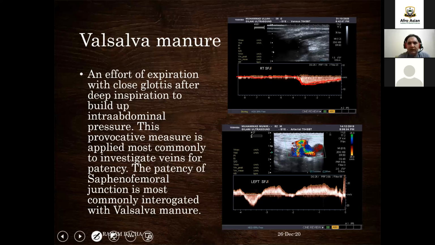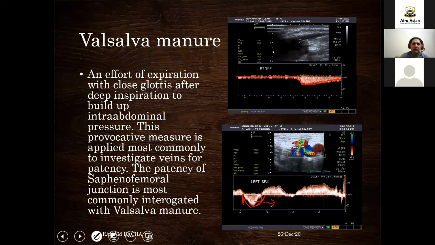But in the second example, with inspiration and an effort of forceful expiration, there is reversal of blood flow. If this reversal of blood flow is for more than 0.5 seconds, it accounts for venous insufficiency or venous valve incompetency.